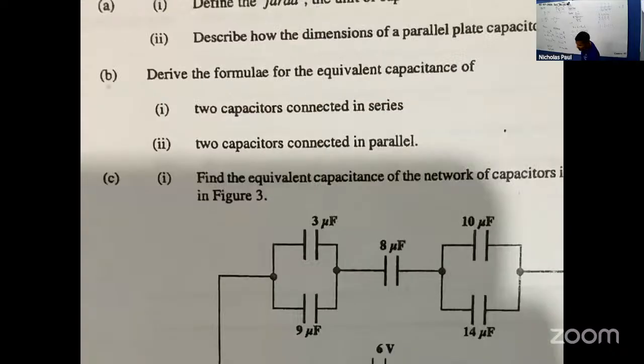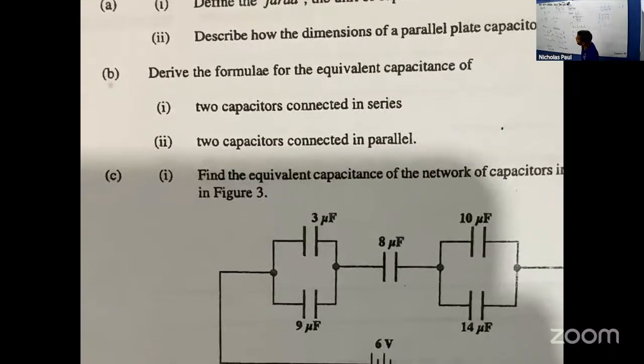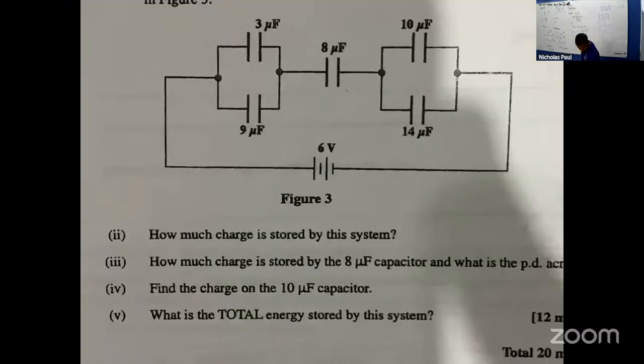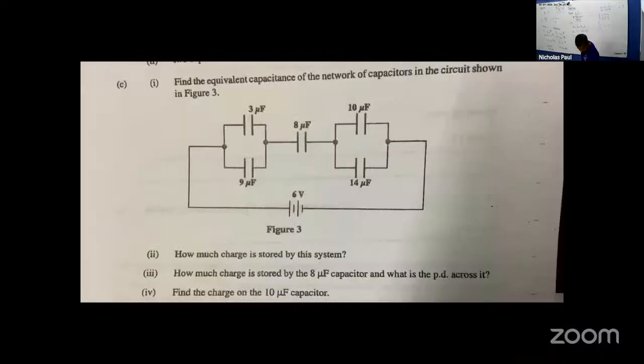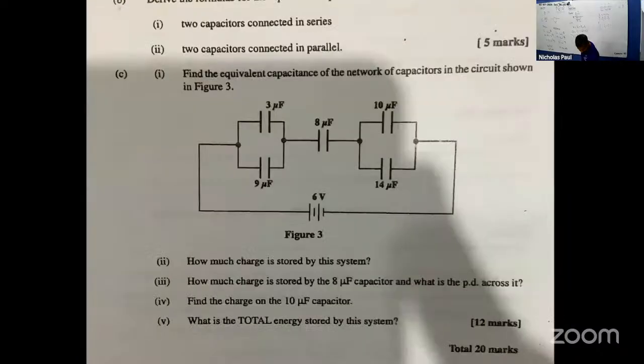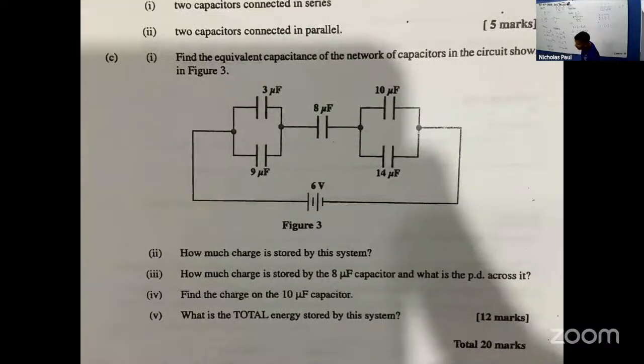All right, now let's go to the actual calculation here. They asked to derive part A and B, but you're not going to do that, right? So let's focus on here. Copy it up. Right? Before we move on, the 3 and the 9, they are in what? Parallel, the 10 and the 14.